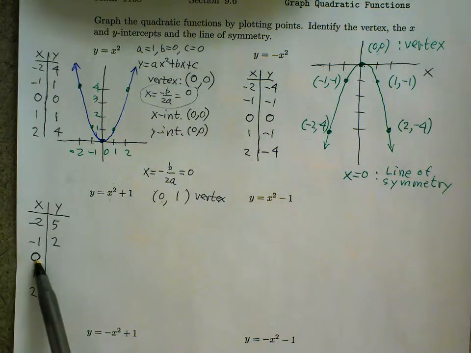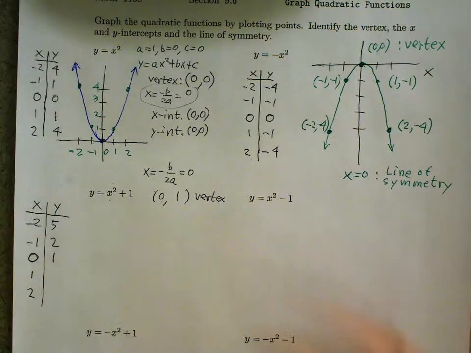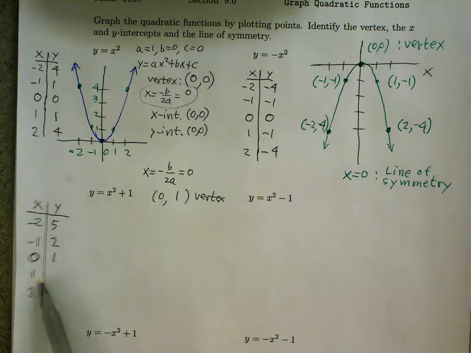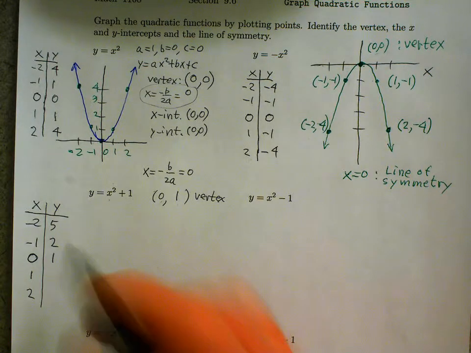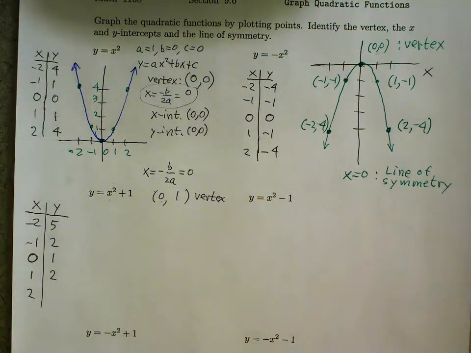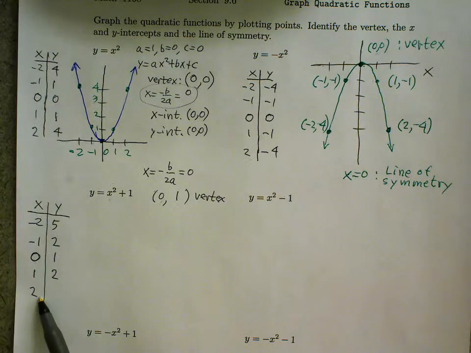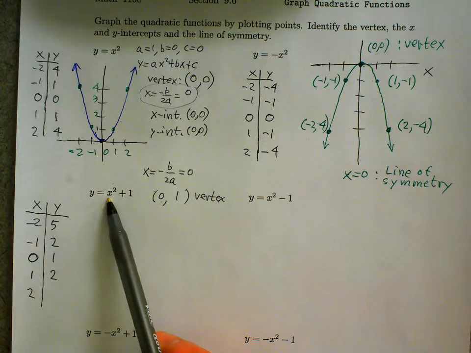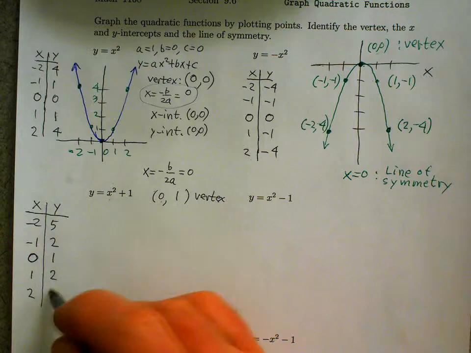We already know that we have the ordered pair 0, 1. And then when x is 1, the y coordinate is 1 squared plus 1, or 2. And when x is 2, the y coordinate is 2 squared plus 1, or 5.